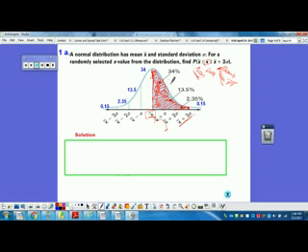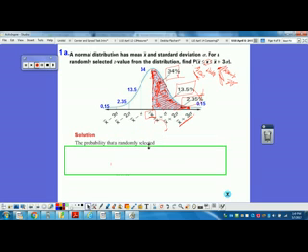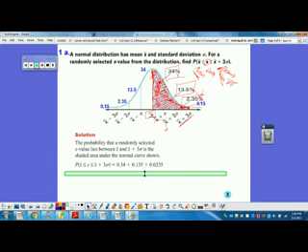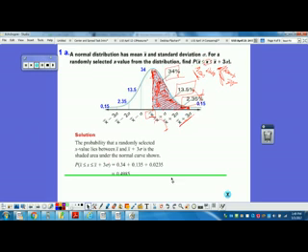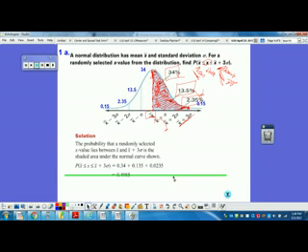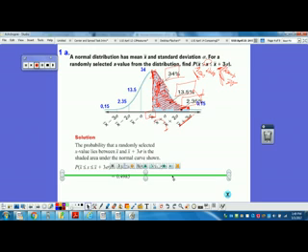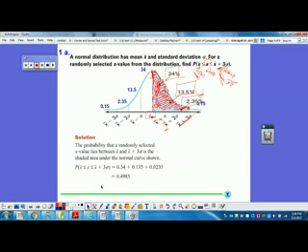In order to find that out, I add the percentages: 34 plus 13.5 plus 2.35. The probability that a randomly selected piece of data falls between the mean and 3 standard deviations above the mean is 0.4985.